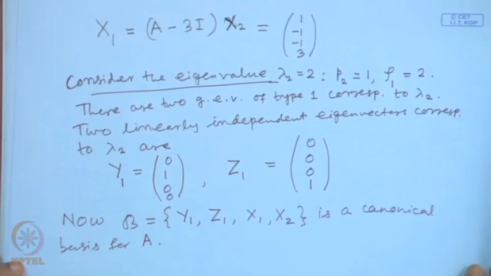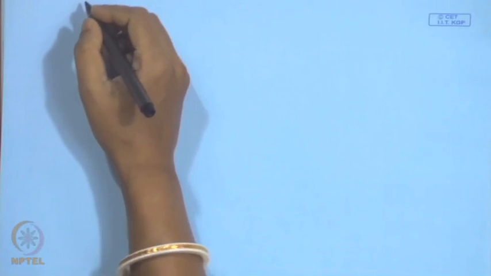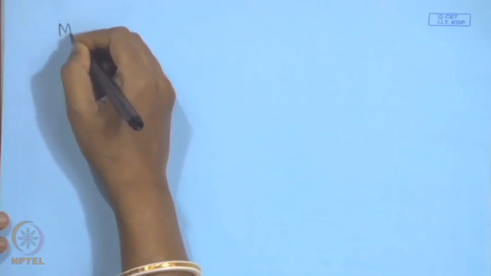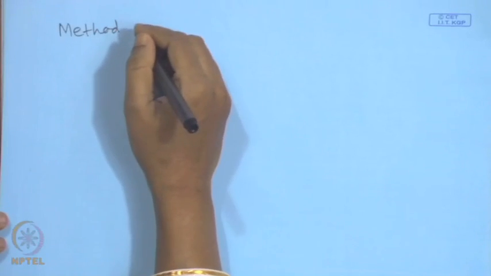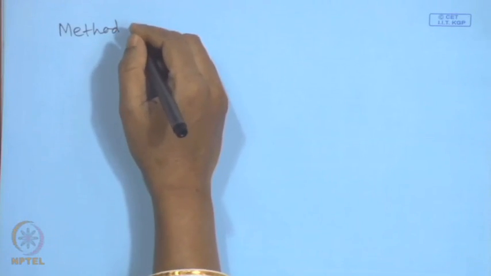Then next we find the Jordan canonical form of a square matrix. Now we are ready to find the Jordan canonical form of a square matrix.